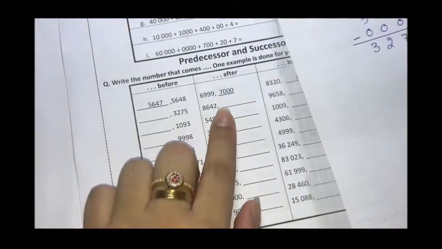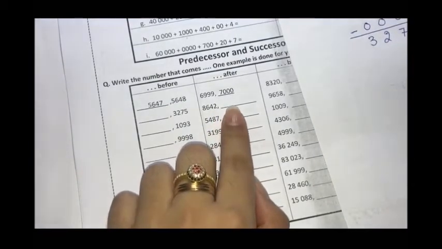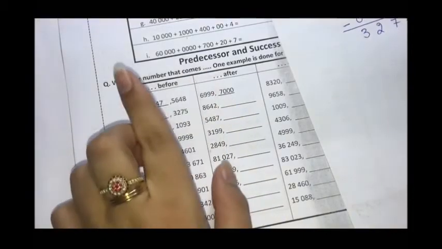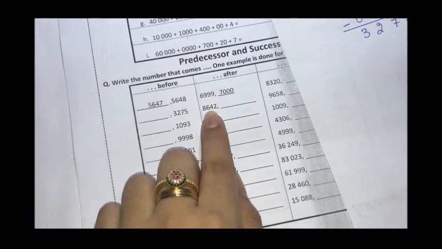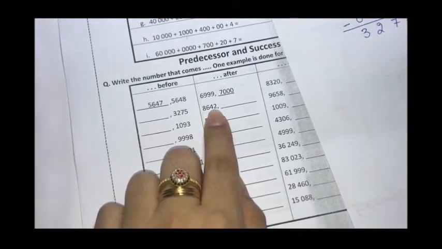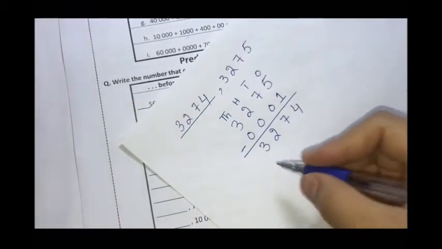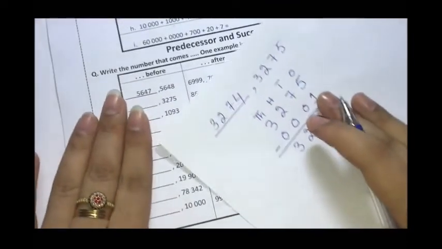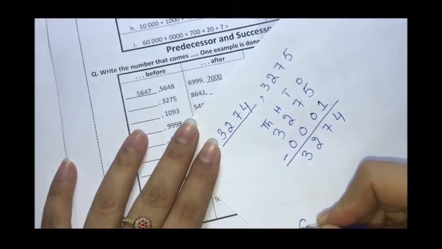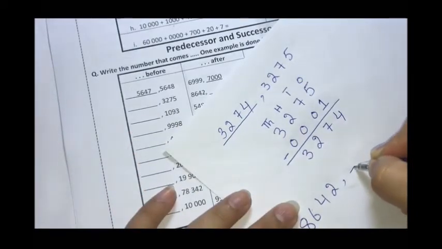Now, let's solve an example of the number that comes after. Here we have to write a number that comes after 8642.